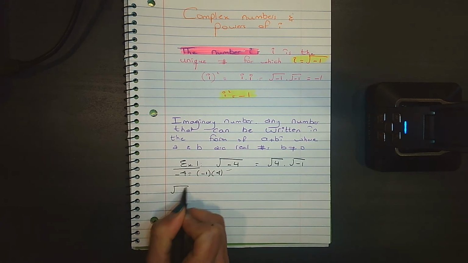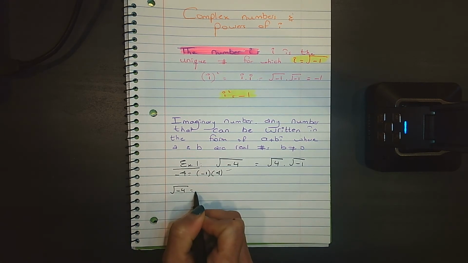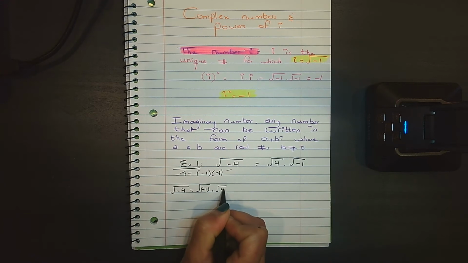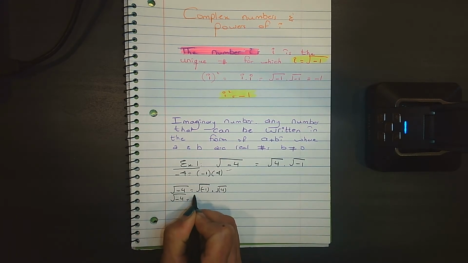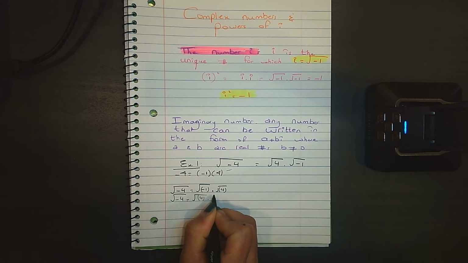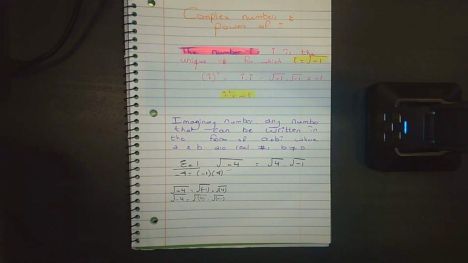So when I say square root of negative 4, it's as if I'm saying square root of negative 1 times square root of 4, or the same as square root of 4 times square root of negative 1. Remember, 4 times 1 or 1 times 4, they're both the same.